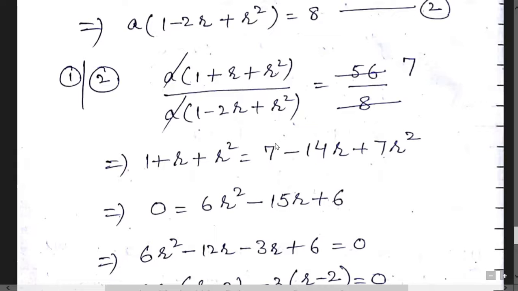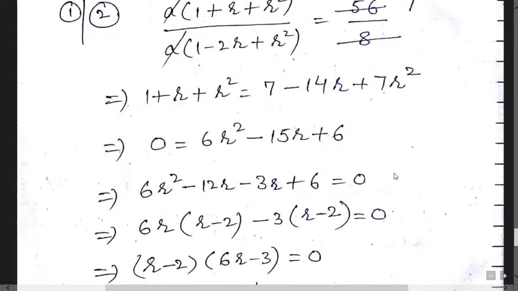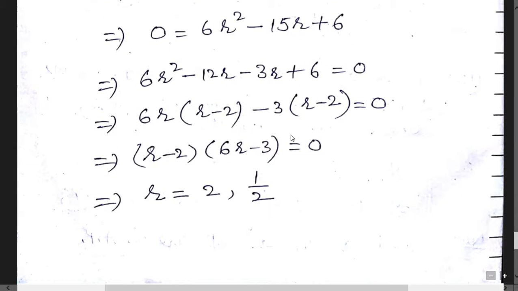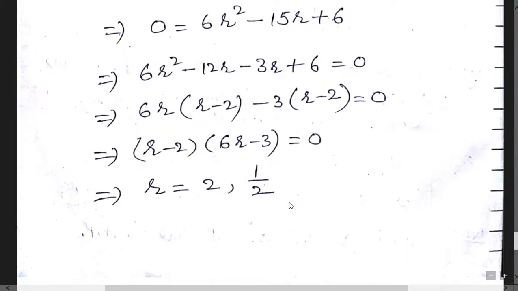It's 7 into 1, 7; 7 into 2r, 14r; 7 into r square. Then shift the terms to the right hand side. 7r square minus r square is 6r square, minus 14r minus r is minus 15r, 7 minus 1 is 6. Then factorize, and you will get the value of r as 2 and 1 over 2.